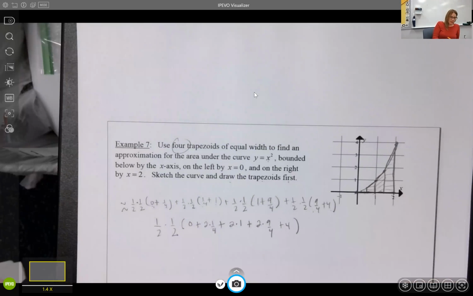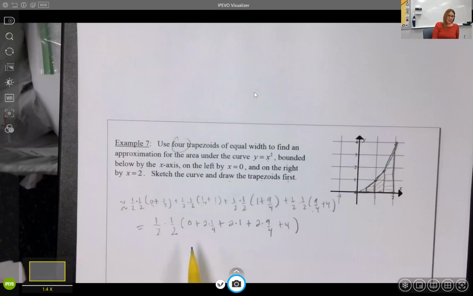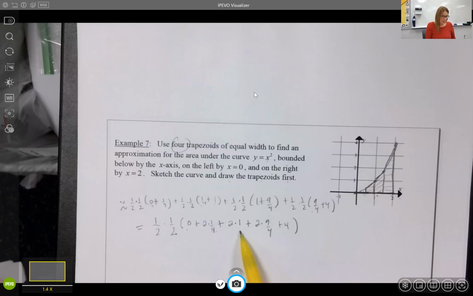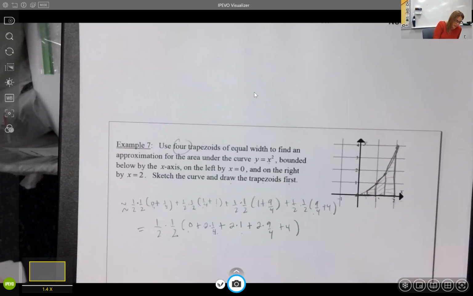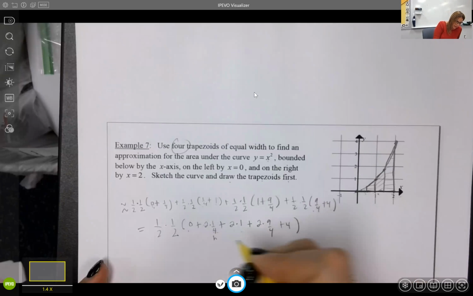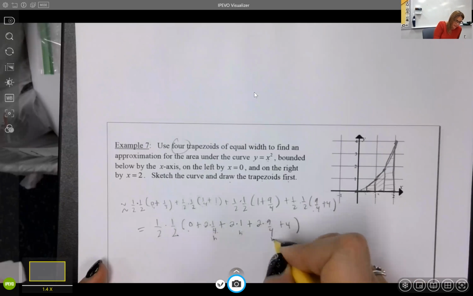Okay. So I can simplify it by saying I just have to find the height at each value. So the height at 0 was 0. The height at 1/2 was 1/4, and I'm going to double that. The height at 2 was 1. And we just keep going through and we find, like right here, this is the height, the height, the height, the height, and the height, right?